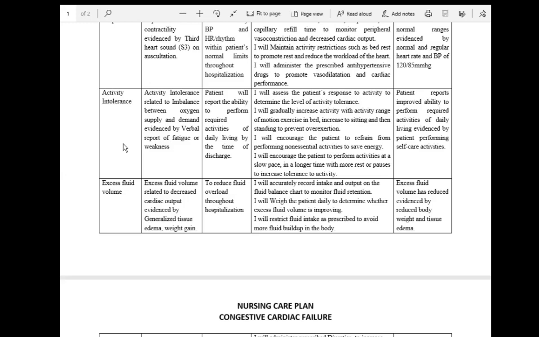So the first thing that we do is we instruct the patient, or even us as nurses will try to perform active range of motion exercises in bed, meaning I will try to move the patient's legs, move the patient's hands, or instruct the patient to move these extremities.